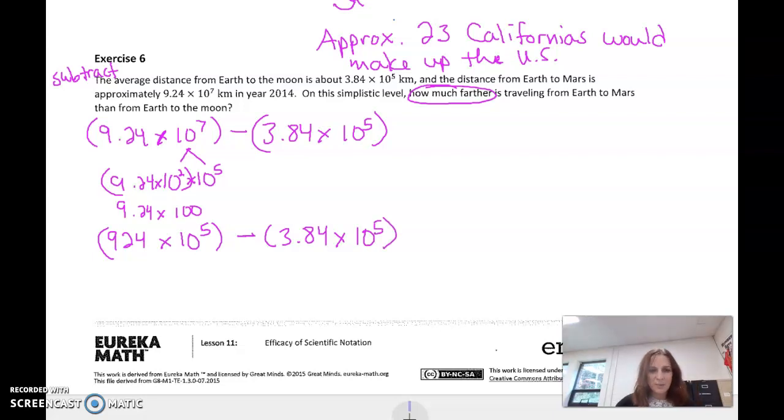Okay, so this is the part we have to do right here to get the same powers of 10 for adding and subtracting. Now, pull out, reverse distributive property here, pull out your powers of 10. I'm going to take this power 10 out and this power 10 out. I know I'm going to finish with the times 10 to the fifth.